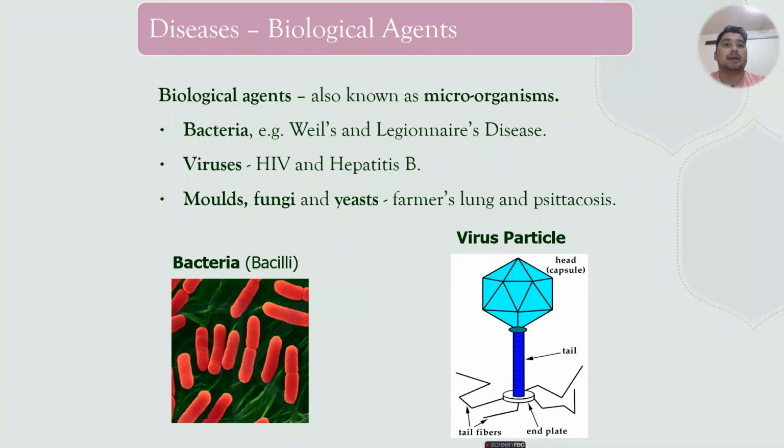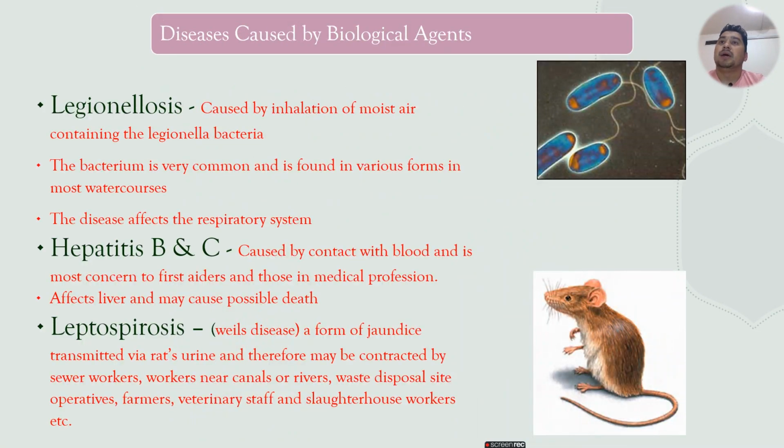Then we have virus particles. Viruses you will normally find in living organisms, like HIV, hepatitis B, and hepatitis A. So these are the different viruses. Then we have molds, fungus, and yeast, farmer's lung, and precautions. This is caused by biological agents.